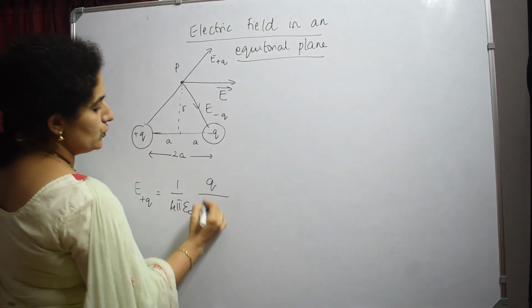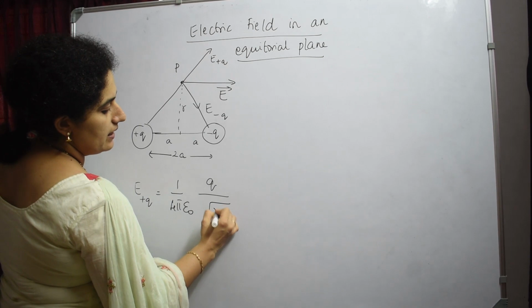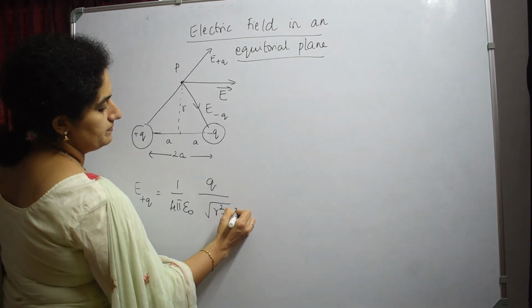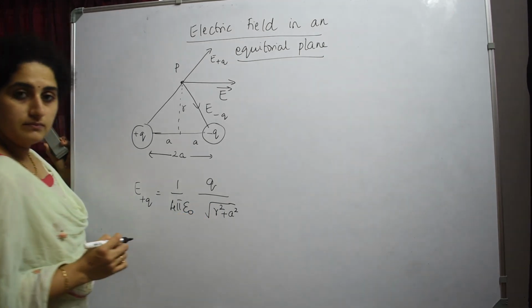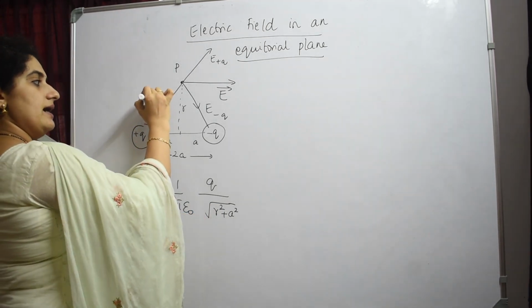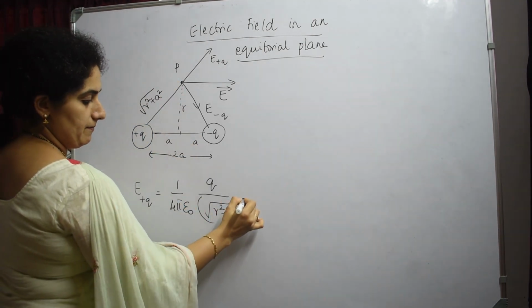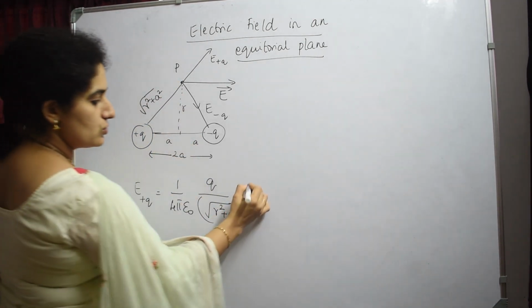So it is Q by R square plus A square, this distance R square plus A square whole square, correct, into P cap.